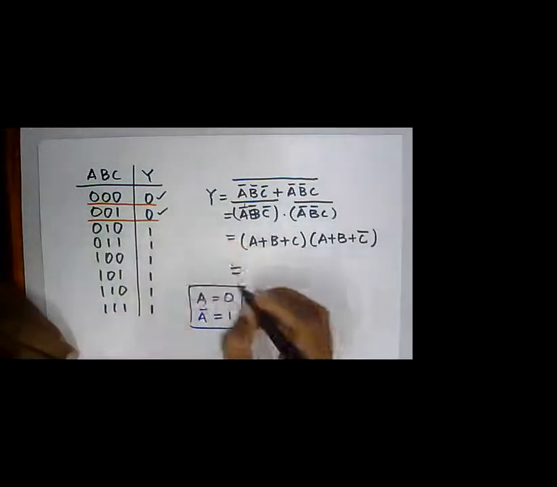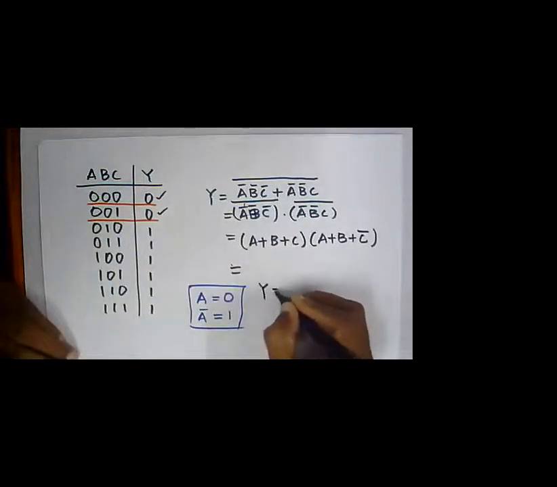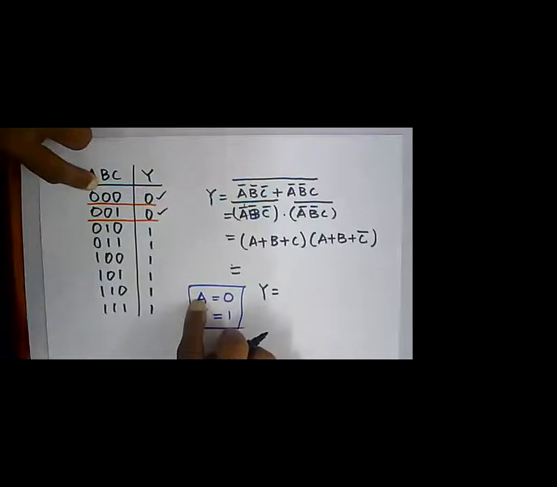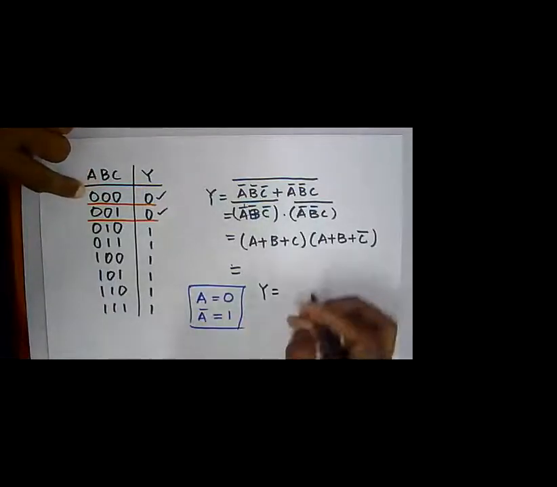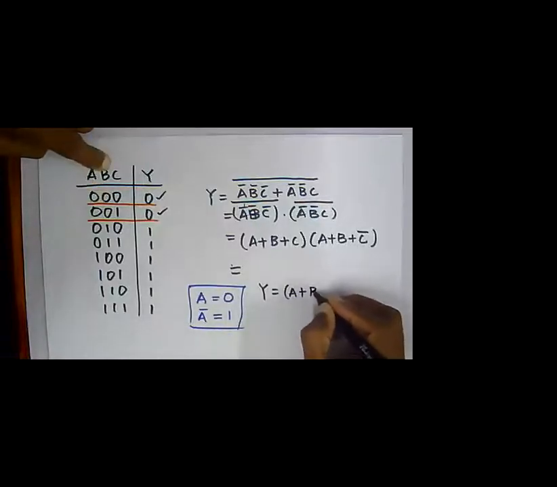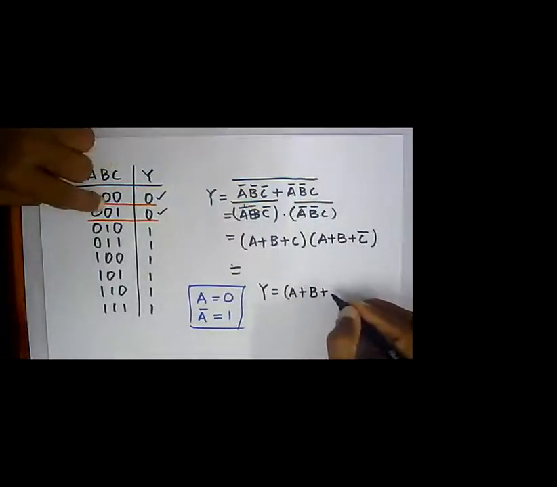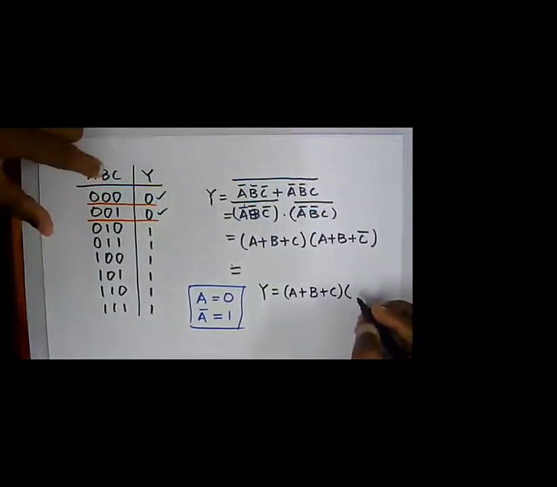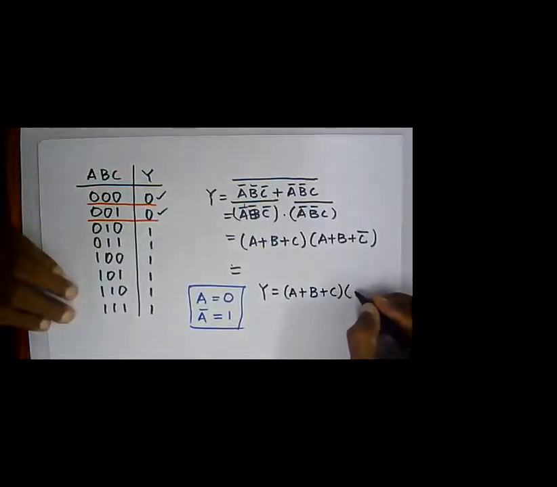For example, if you want to write Y equals A is 0, which means A, then B is 0, which means B, then C is 0, which means C, right? Into, again, A and B both are 0 and C is 1, so A plus B plus C bar.